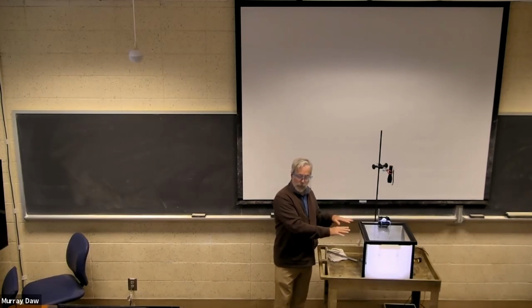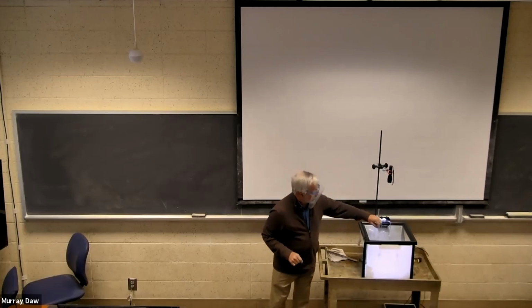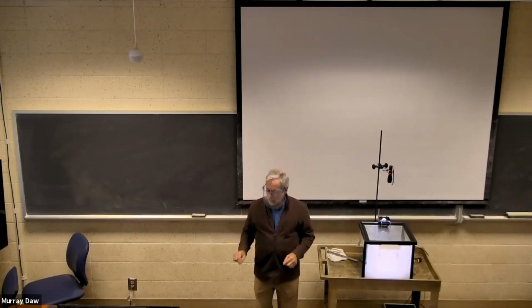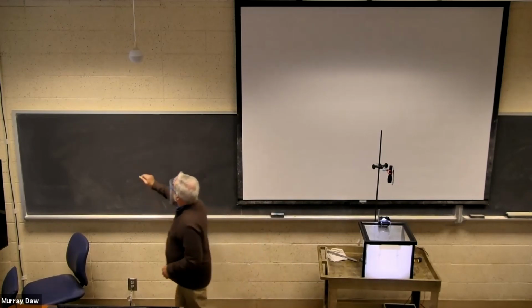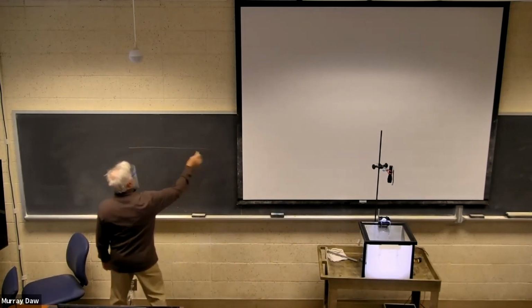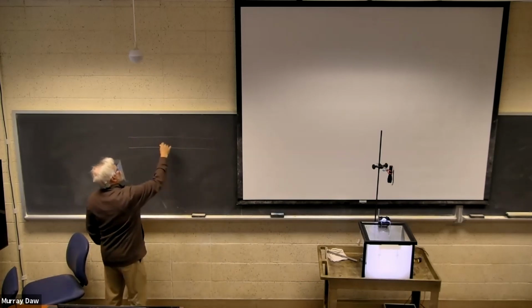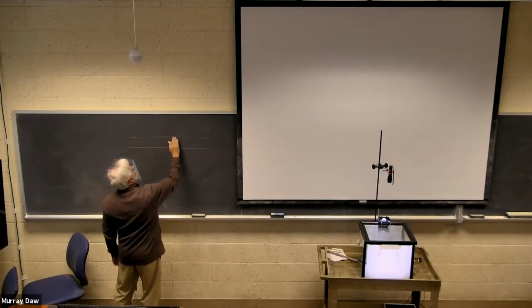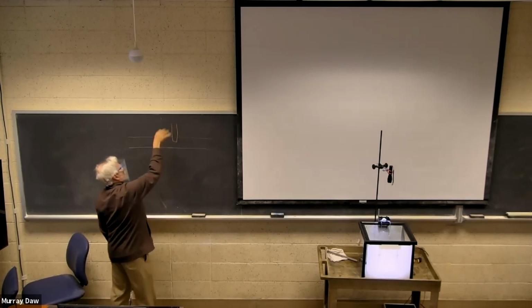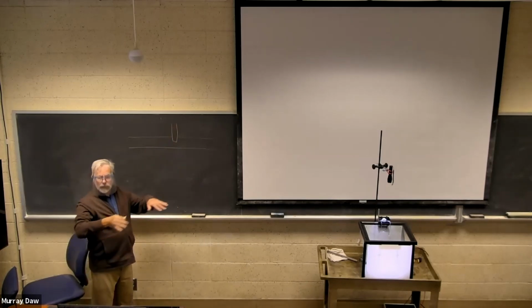A very specific way. So let's look at a part of the water. Let's just imagine we have some little bit of water. So here's the bottom, here's a thin layer of water. The probe is oscillating up and down, displacing the water in and out.